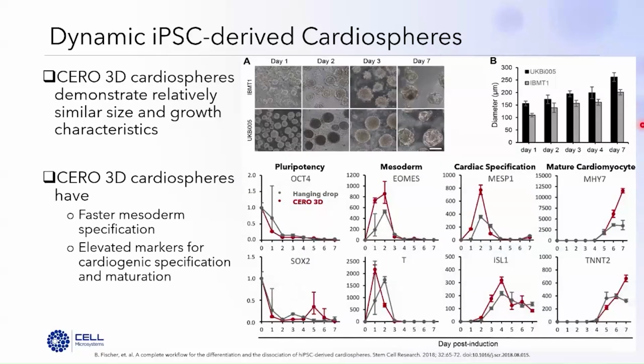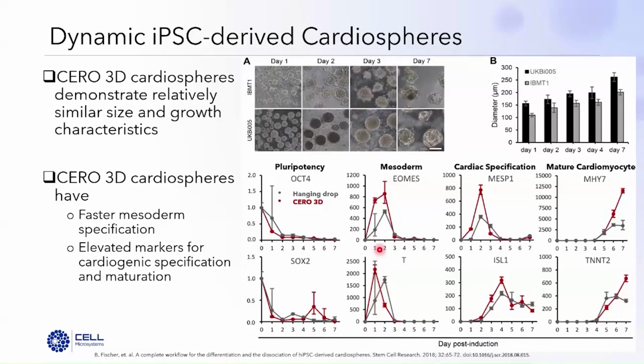To begin to characterize the cardiospheres, they did qPCR. So in gray, you're looking at the hanging drop method, and red is the Zero. And you can see here they had a similar reduction in the pluripotency markers over the first couple of days. However, with the Zero, they noticed that they had faster mesoderm specification.